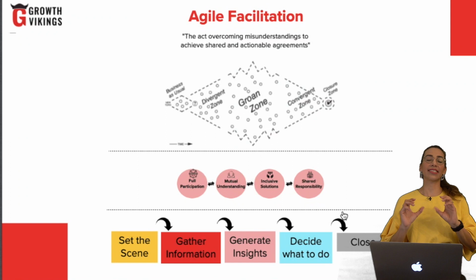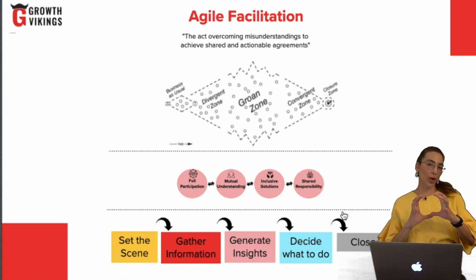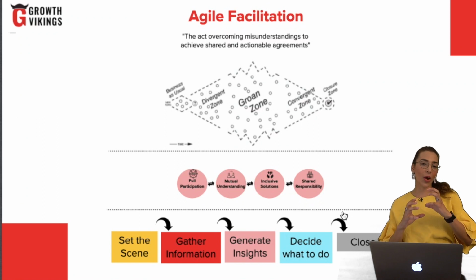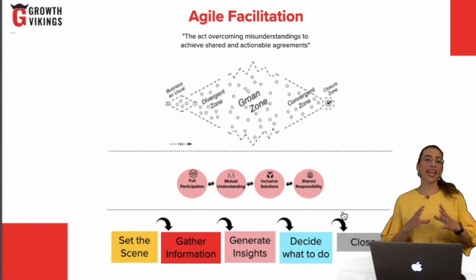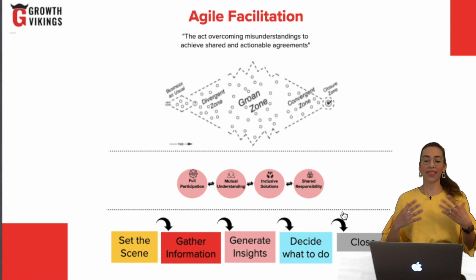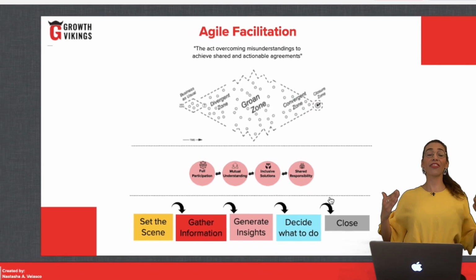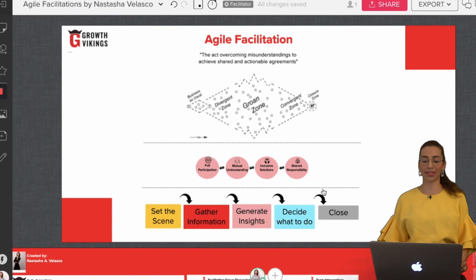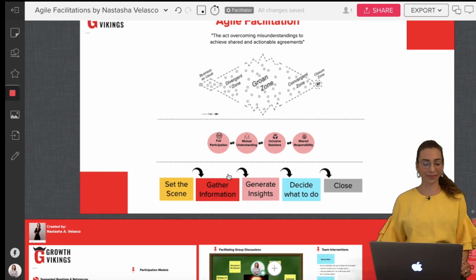That's the phase in which we're going through the growth zone, that struggling zone, and achieving some convergence. And a final stage that we call the close, when we finally have arrived at a decision, to that final end of the convergence zone. So come with me and let's begin.